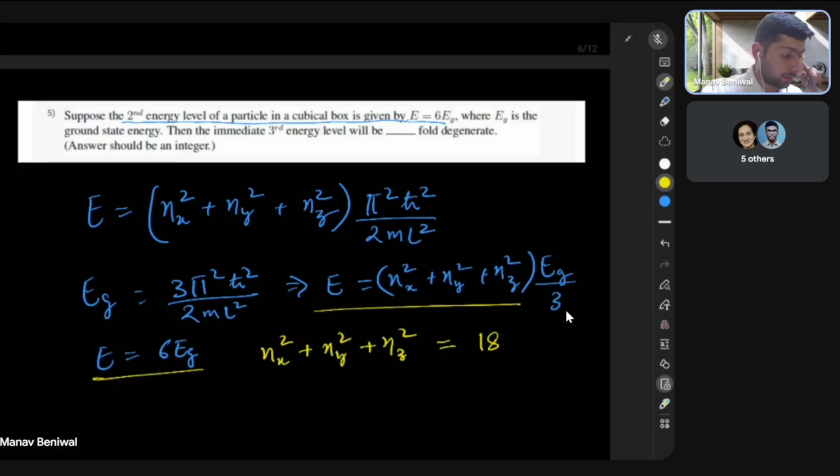And this is the second energy level of a particle in a box.